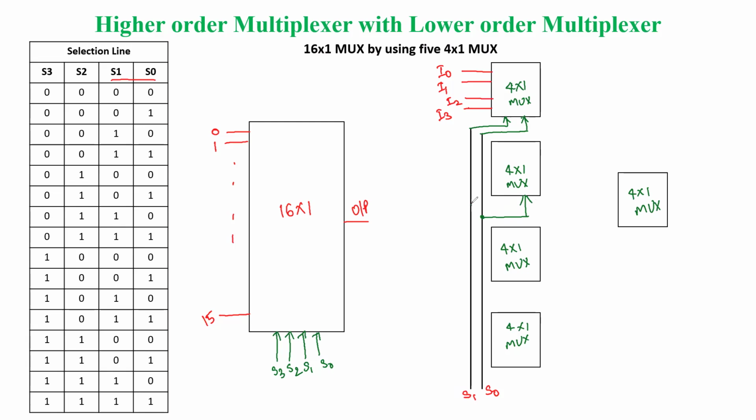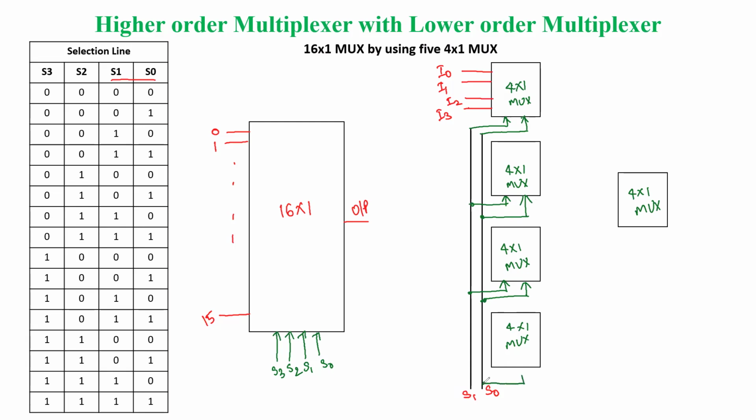So S0 and this is our S1. Like this, here also we have to connect: the first one is S0 and the second one is S1. This is the basic thing which you are already aware of.